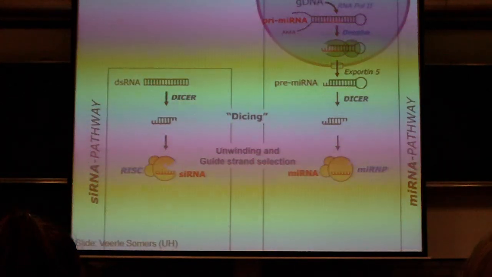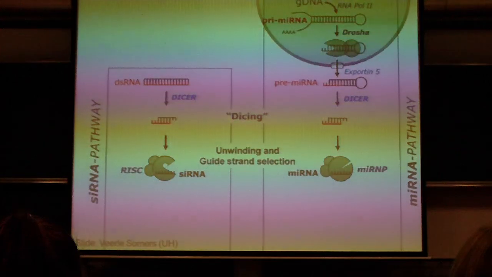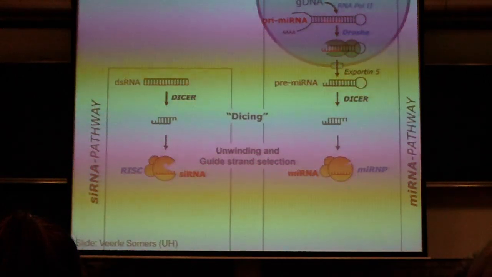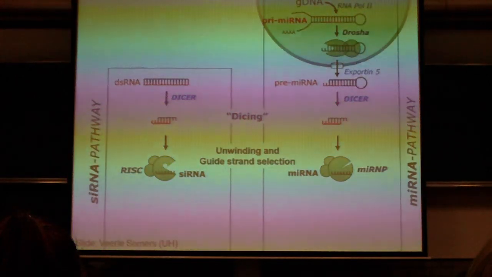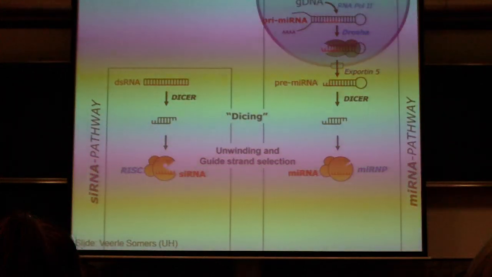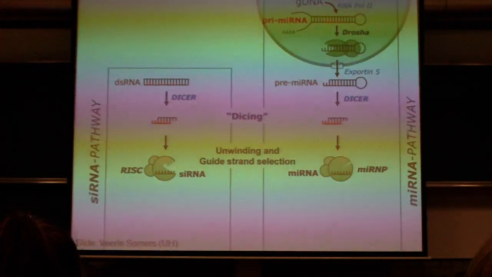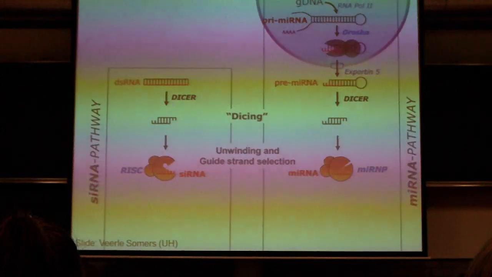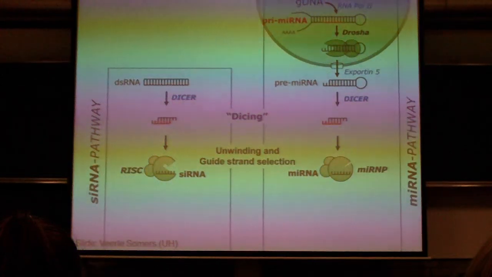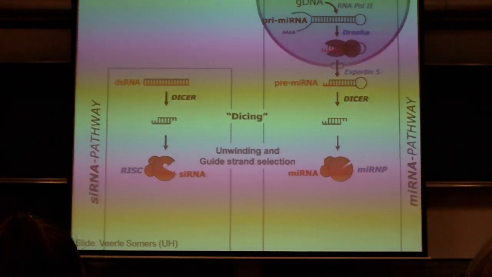They are unwound, so one RNA strand is selected, and that is the guide strand. The guide strand remains incorporated in the RISC complex and will start searching for the target messenger RNA.